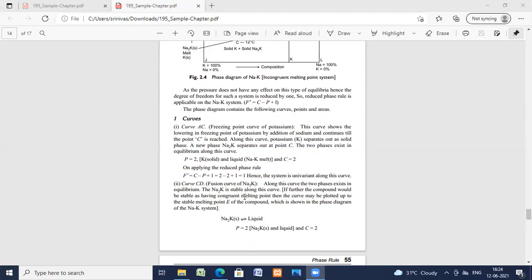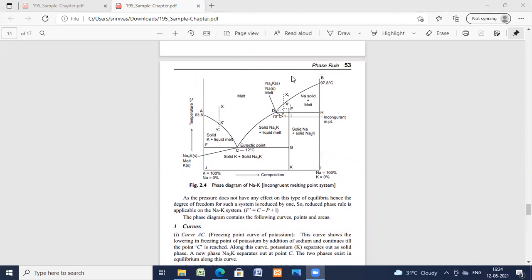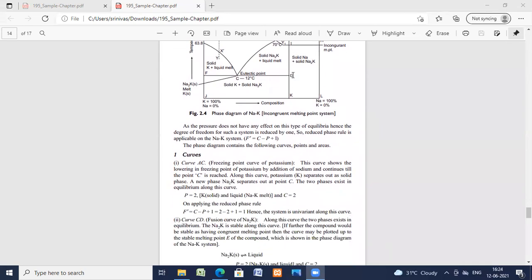Further, if the compound is stable having a congruent melting point, the curve would have been plotted up to the melting point E of the compound. But it is not stable. Here along CD, Na2K is getting separated. If it were a congruent point, then we would have stable Na2K along this curve.